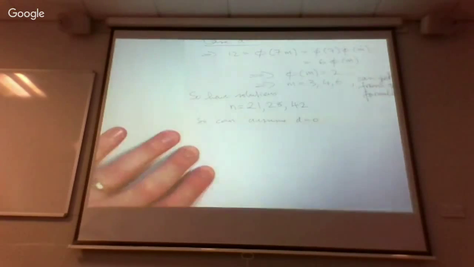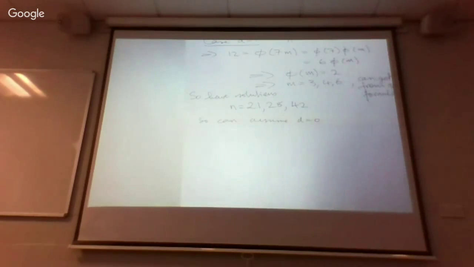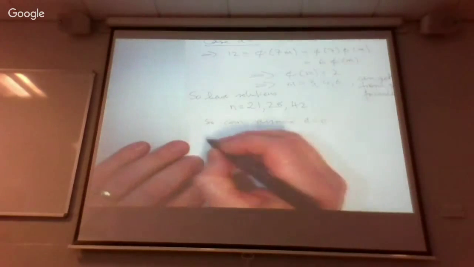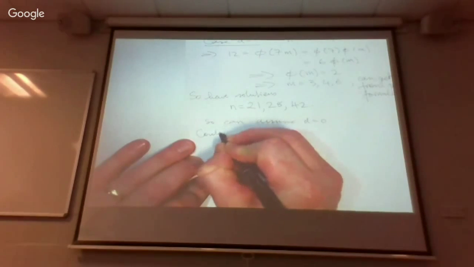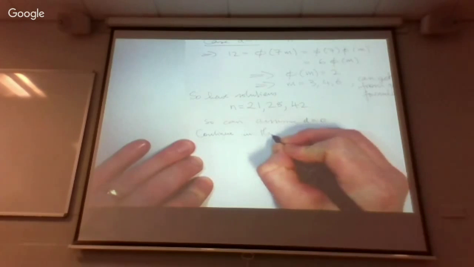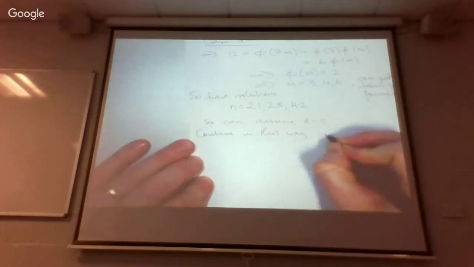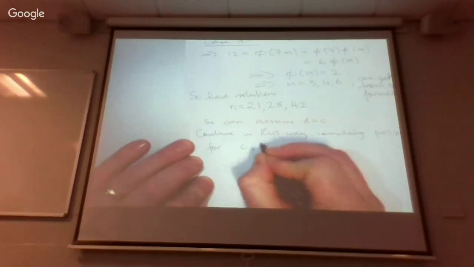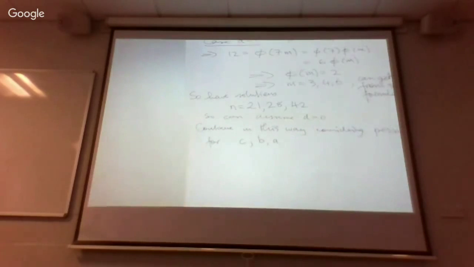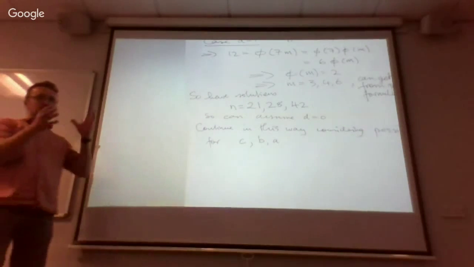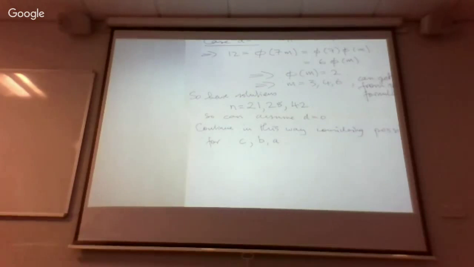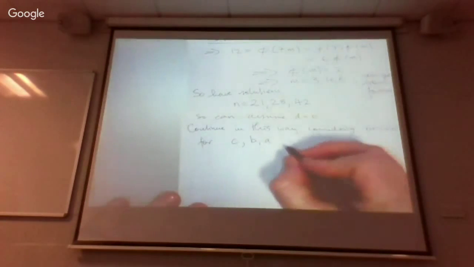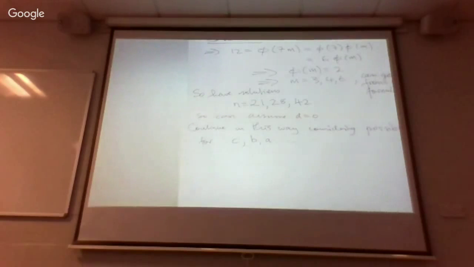So now consider the case c, and continue in this way, considering the possibilities for c. What exponents are remaining? c, b, and a. There's at most 23 possibilities left. Find out which of them produce phi values equal to 12. Reach the final solution.